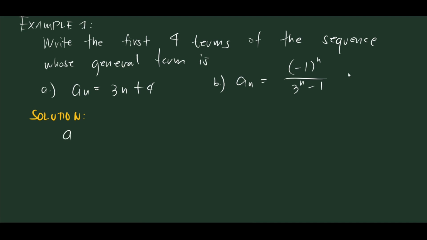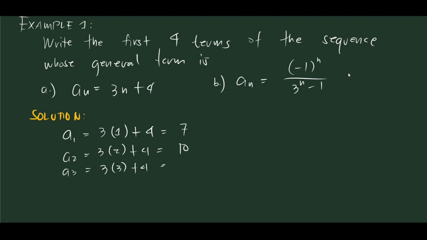Our a1 will be 3 times 1 plus 4, which is equal to 7. Our a2 is 3 times 2 plus 4, so this will be 10. a3 is 3 times 3 plus 4; you'll get 9 plus 4, that will be 13.